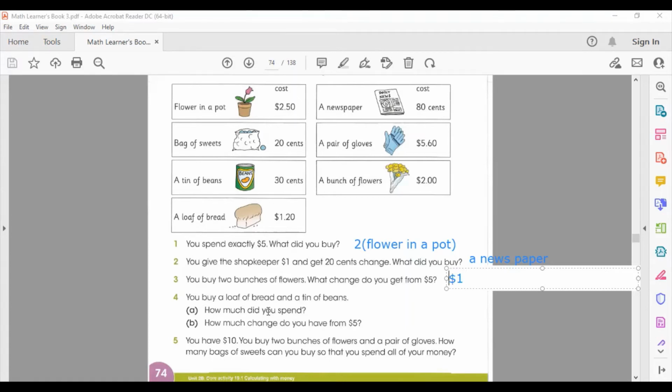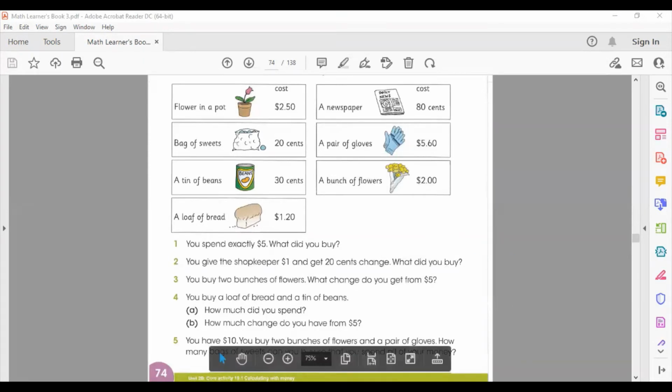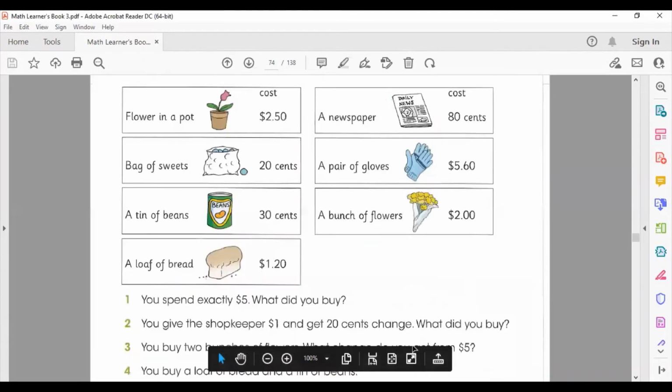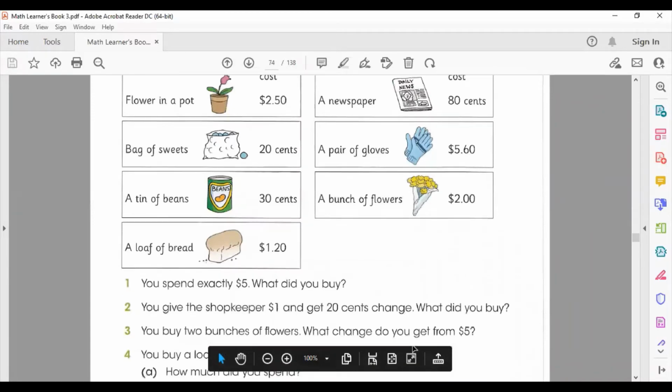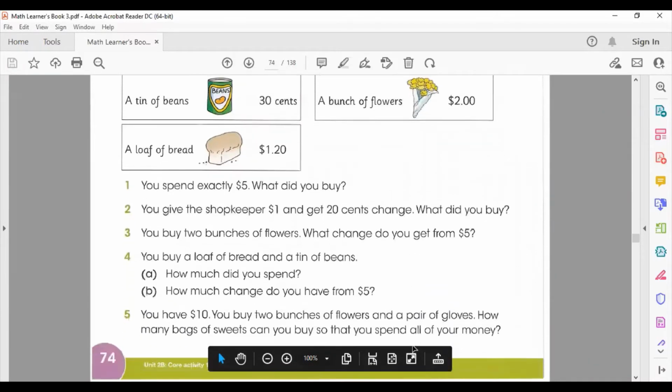You buy a loaf of bread and a tin of beans. How much did you spend? The price of a loaf of bread is $1.20.